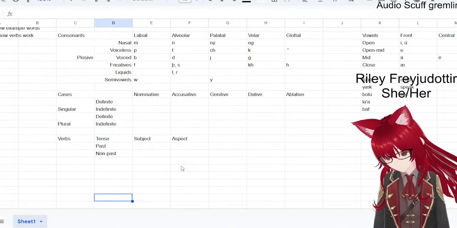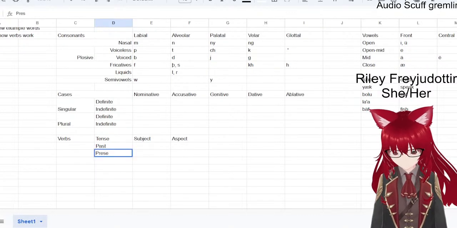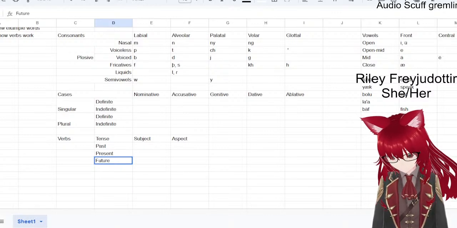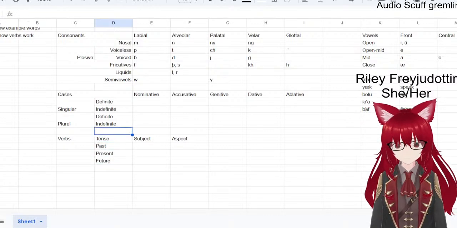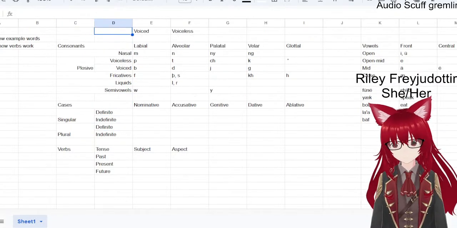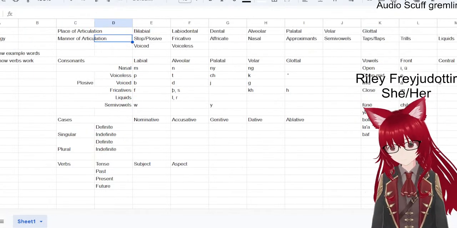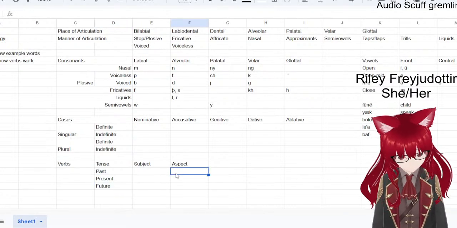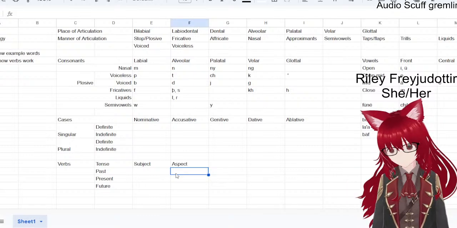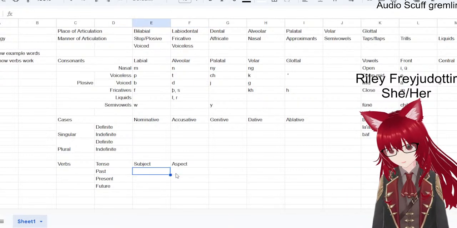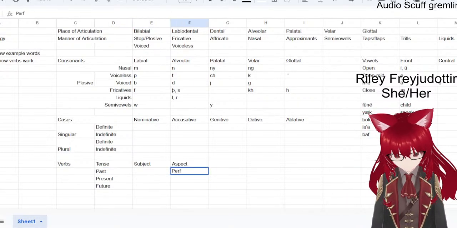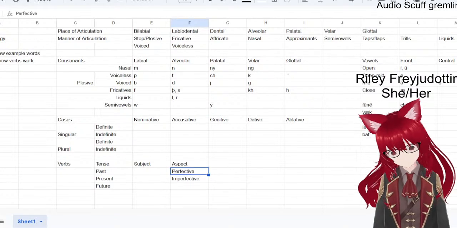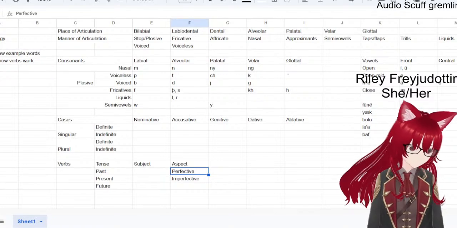For our language, I think I'm going to go with past, present, and future tense, like they have in many languages. Actually, I think it's more common not to mark tense at all, like in Chinese. For aspect, we'll have perfective and imperfective. That's it.